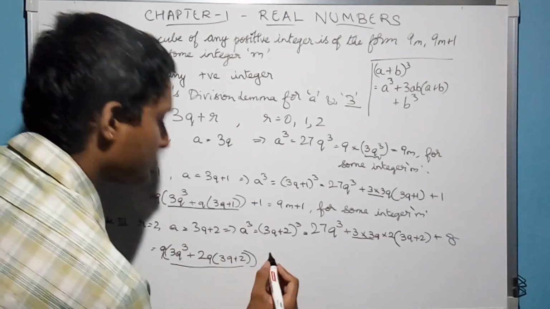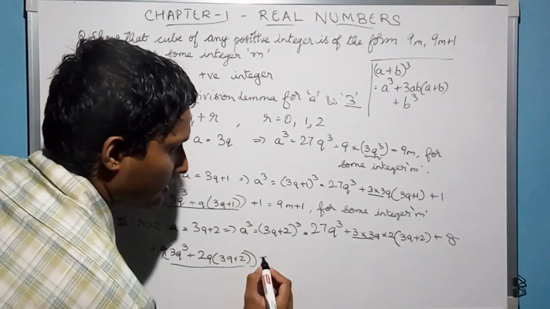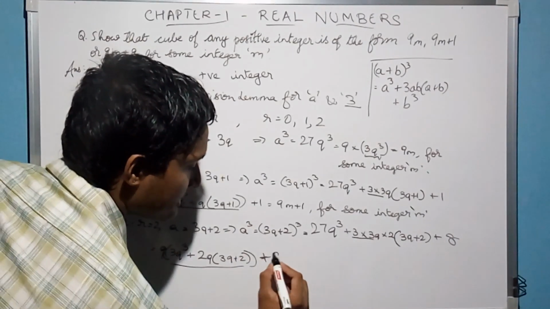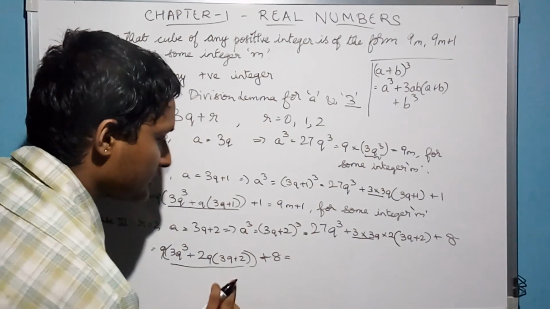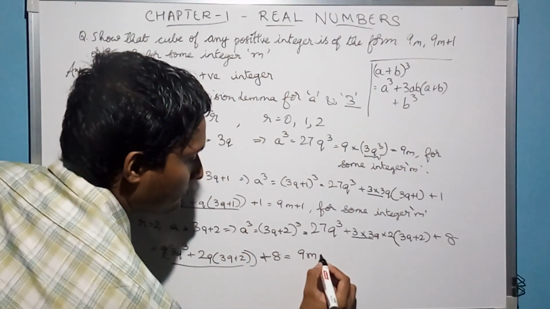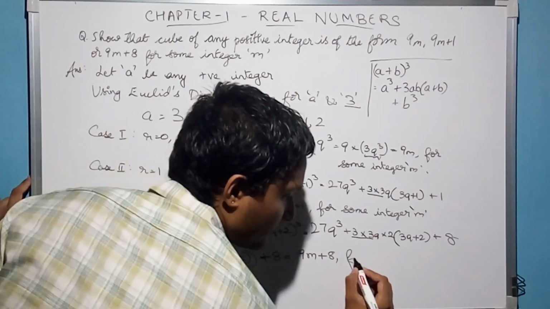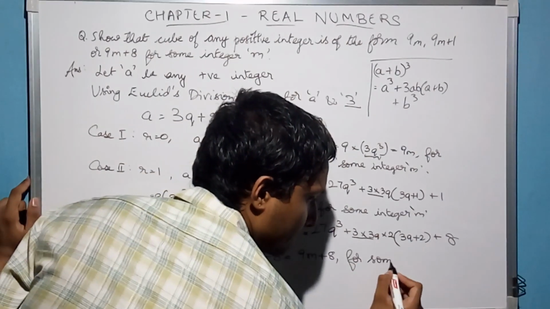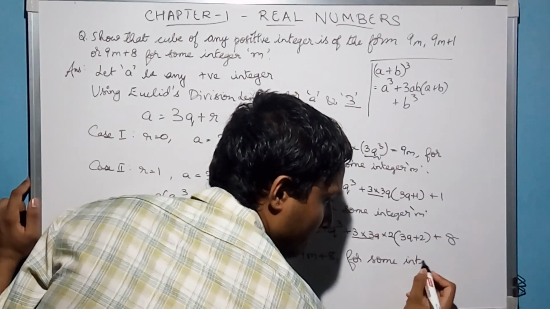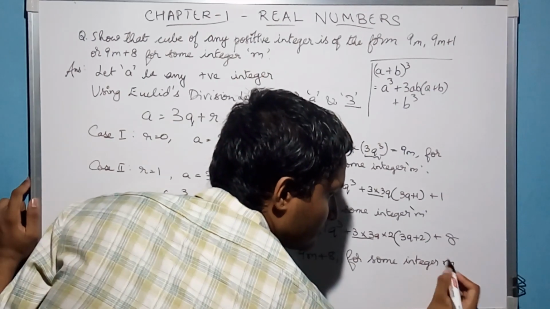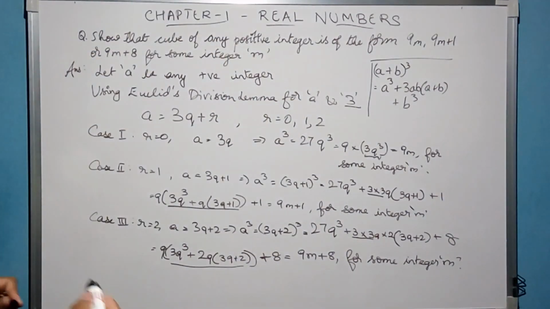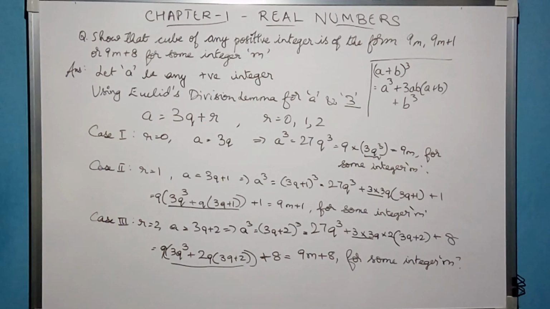I'm going to write this whole term as m, and there is also plus 8, so this becomes 9m plus 8 for some integer m. So by these three cases you can find out that the cube of any positive integer is of the form 9m, 9m plus 1 or 9m plus 8 for some integer m.